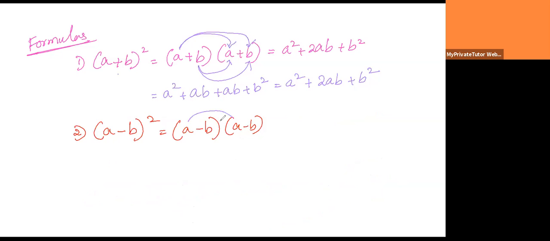Then expand this. First, you are going to multiply by a, the second factor. So a times a, I'm just writing the arrow and multiplying. a times a is a square. Then a times minus b, which is minus ab. I hope you agree to that. And then you're going to multiply by b: minus b times plus a, which is again minus ab.